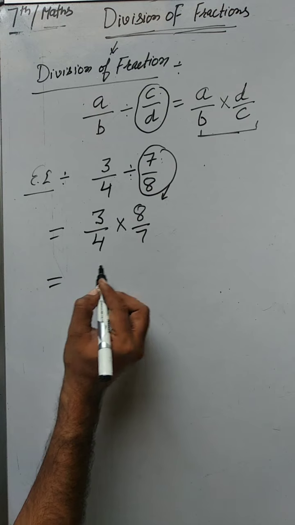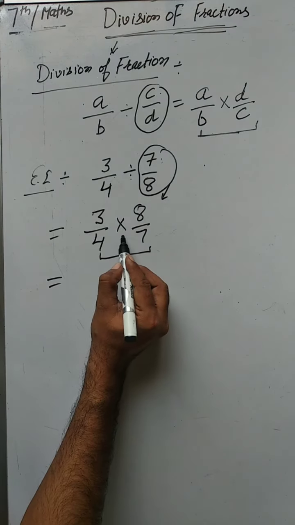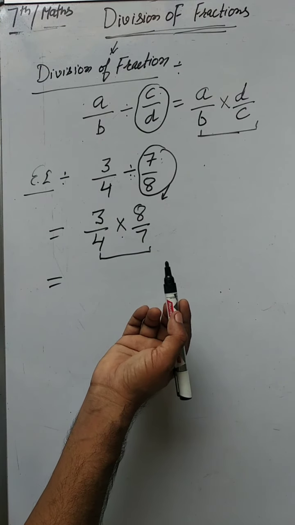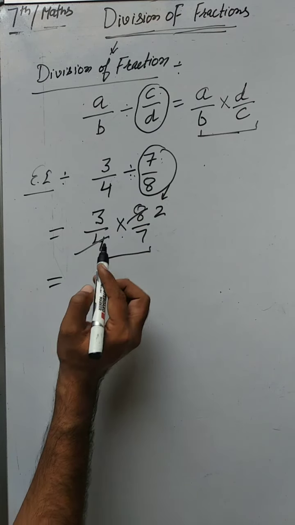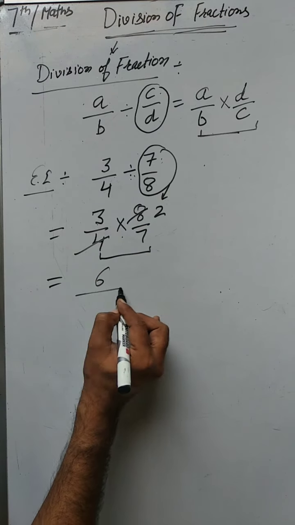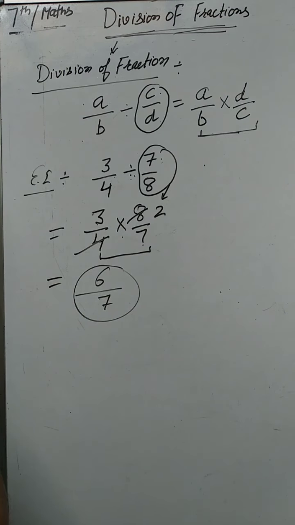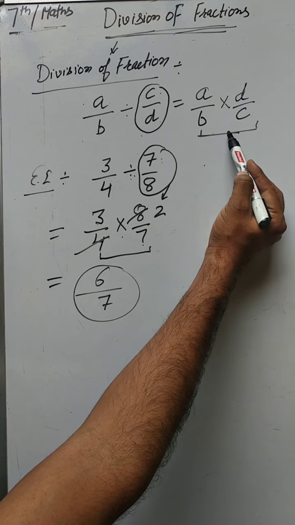Now look, if anything is common in the numerator and denominator, you can cancel. 4 2s are 8. Now 3 multiply 2, 6, and in the denominator only 7. So it becomes 6 upon 7. Understood? So division becomes multiplication.